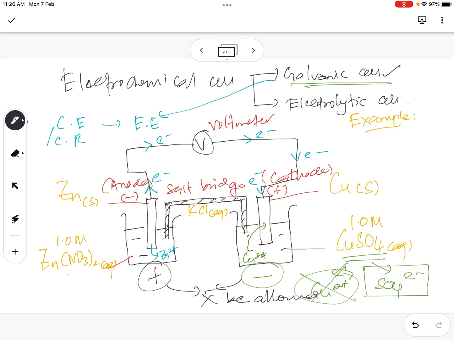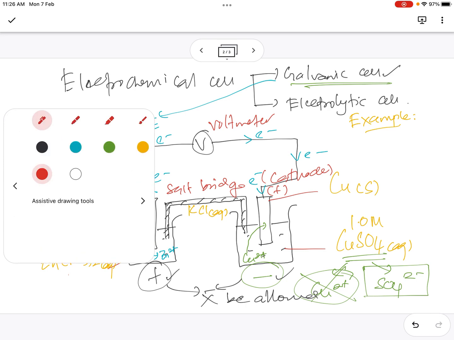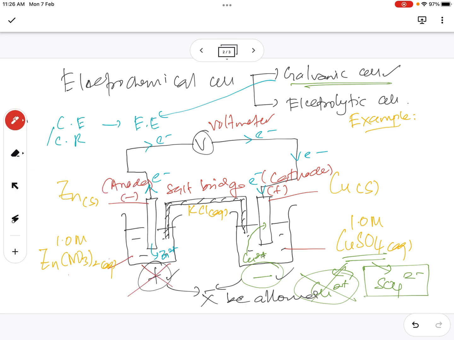Kalau kita benarkan kedua-dua ini berlaku, nanti kita punya electrochemical cell stop berfungsi. Maksudnya, saya kena hapuskan kedua-dua ni. Saya tak nak build up positive charge, saya tak nak build up negative charge. So, apa saya perlu buat? Di sinilah function kita punya salt bridge berfungsi.